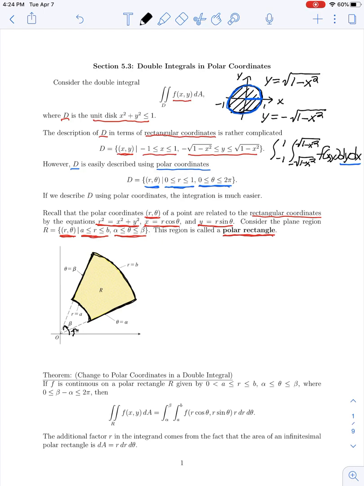So we have this sort of region which we might be interested in integrating over.